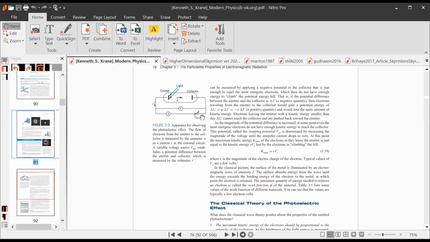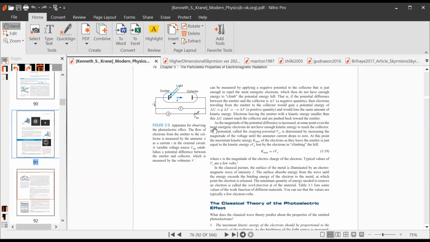So we have to set this external voltage such that this current is 0. This we call the stopping potential. So we can set the external potential such that there is no current flow in this circuit.